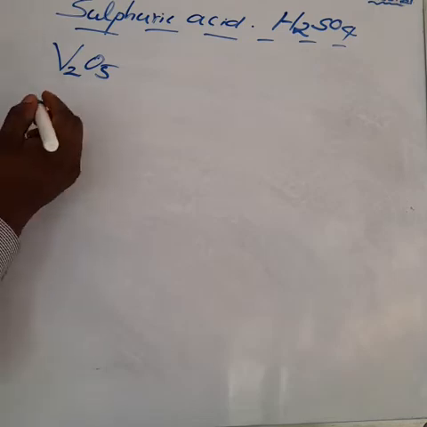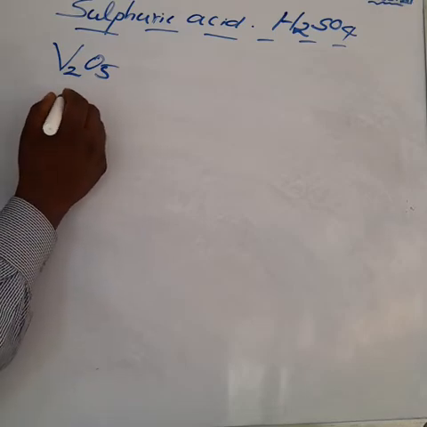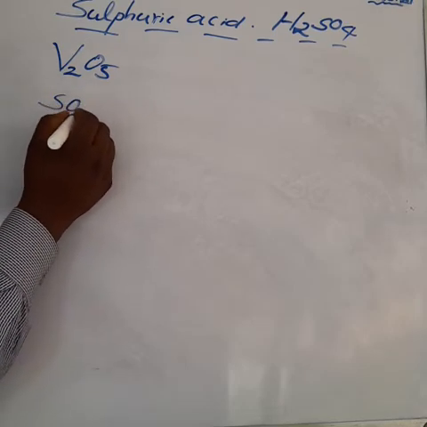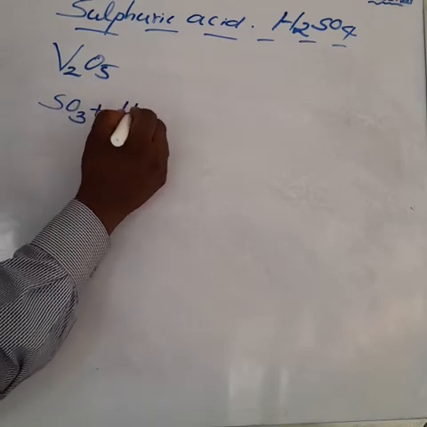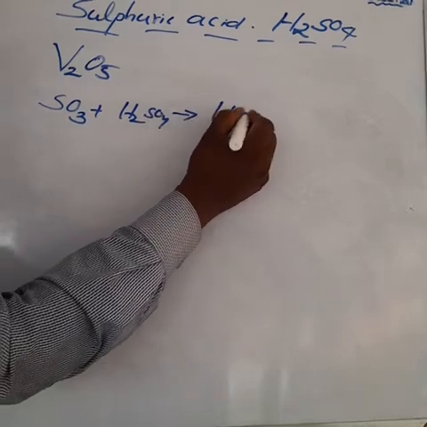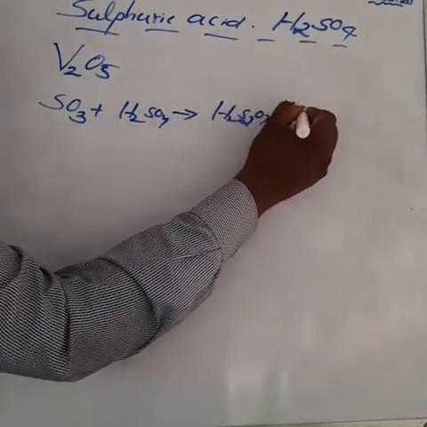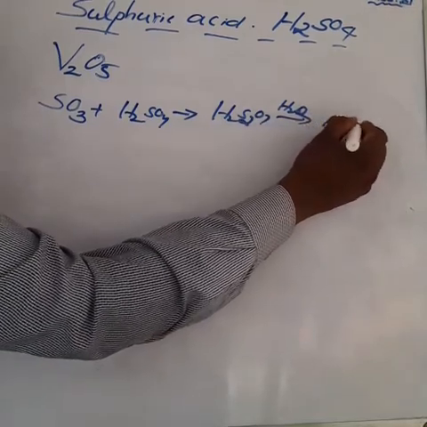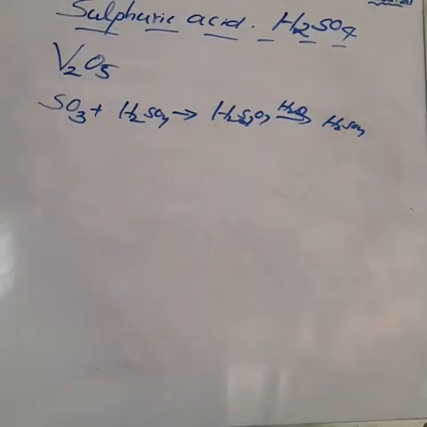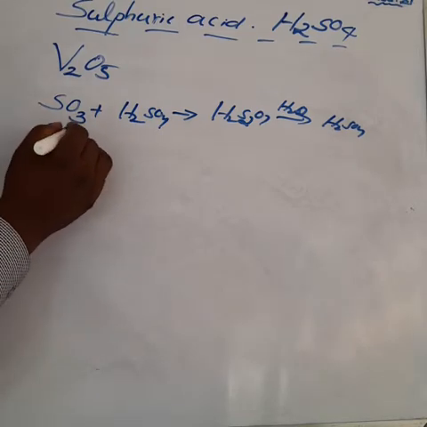Next, sulfur trioxide reacts with concentrated sulfuric acid, we get oleum. The formula is H2S2O7. Again it undergoes hydrolysis with water, we get sulfuric acid. The sulfuric acid obtained by this process is over 96% pure.